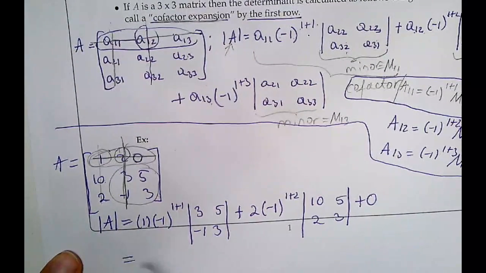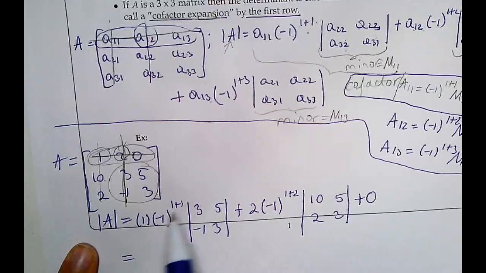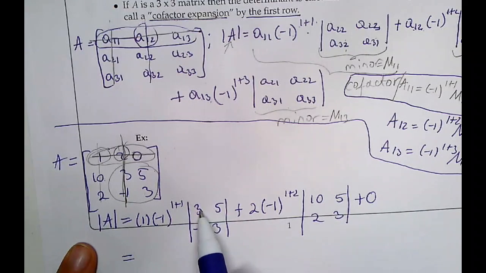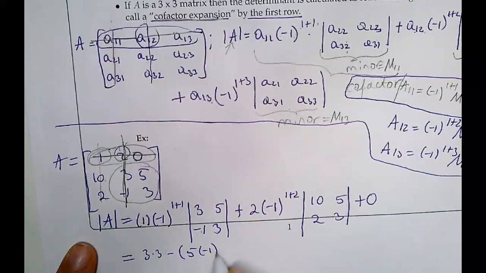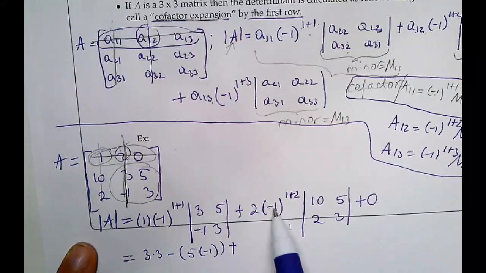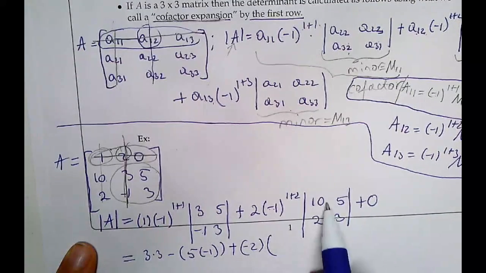So now I can just calculate the determinant. Negative 1 squared is just positive 1, times 1 is just 1, times this determinant of 2 by 2. So this is A times D minus B times C. So it's going to be 3 times 3 minus 5 times negative 1, plus 2, negative 1 to the 1 plus 2 is negative 1 to the third, which is negative 1. Negative 1 times 2 is negative 2, times the determinant of this.